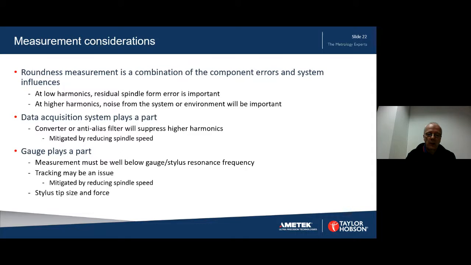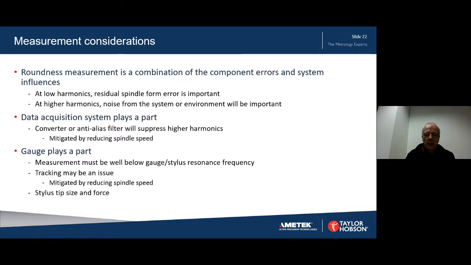Tracking might also be an issue, particularly for large diameter bearing elements. For example, a 300 mm diameter component has a circumference of about 940 millimeters. So at 6 RPM spindle speed, this would equate to a surface speed of about 94 millimeters per second, and the stylus would be unlikely to track this faithfully.